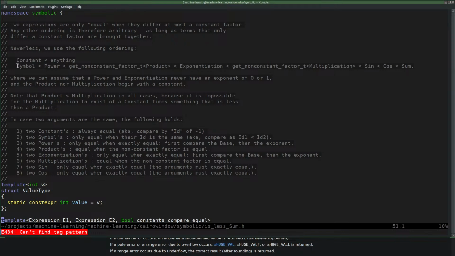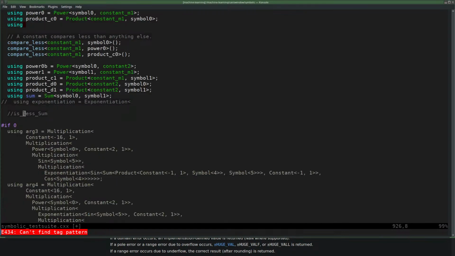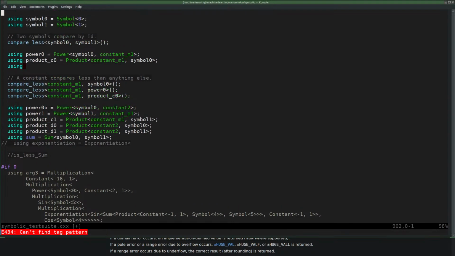This gives me the order in which things should be ordered, apart from constants. We should keep that handy here.